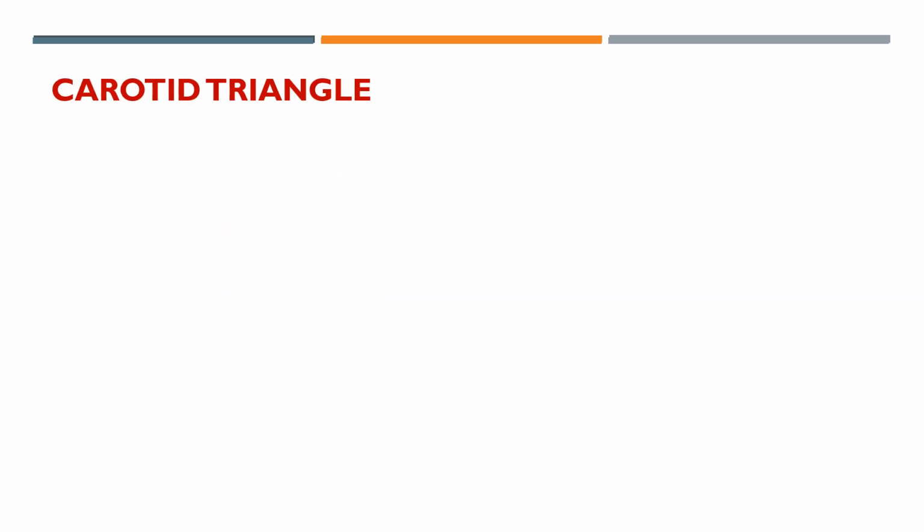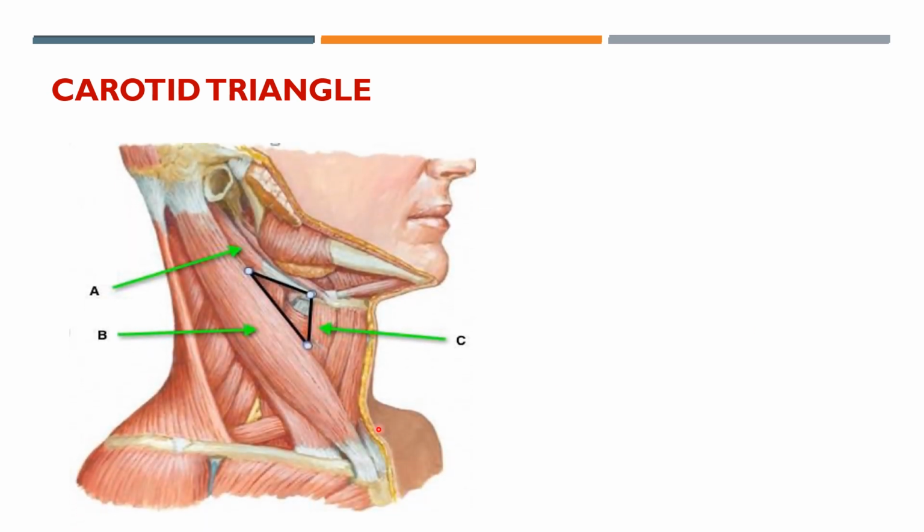The third triangle is called carotid triangle, and as you see here, this triangle lies between the superior belly of omohyoid, which is this muscle, and the sternocleidomastoid muscle and the posterior belly of digastric.